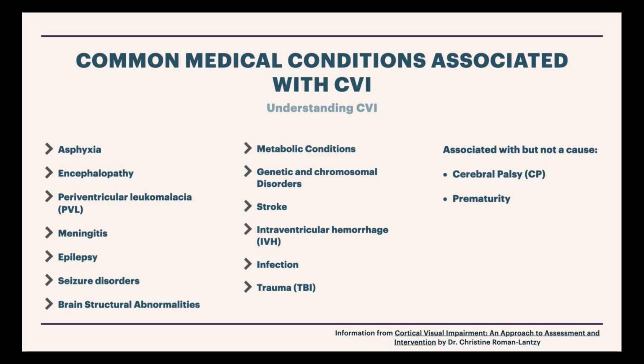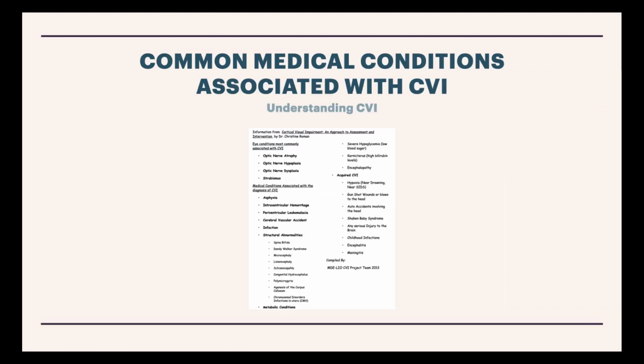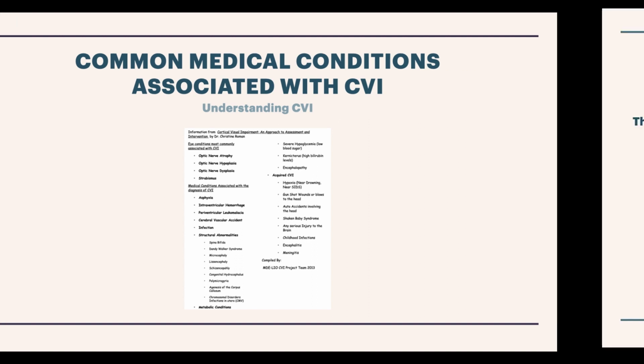While these are not a cause, they have been associated with children that have cortical visual impairment. In 2013, Michigan Department of Education Low Incidence Outreach CVI team created this red flags document to share with the evaluation teams. This document was based from Dr. Roman's 2007 text and is available for download with this module's content.